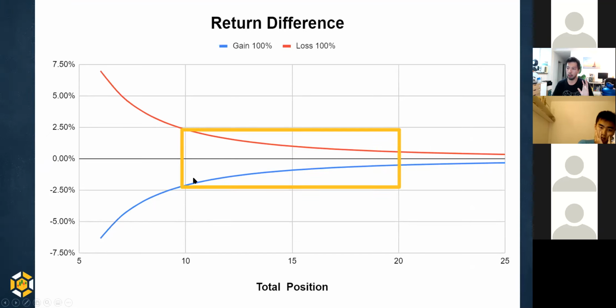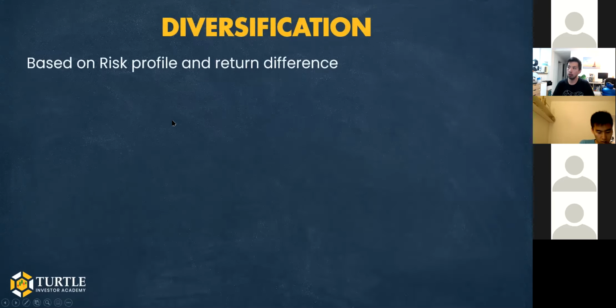So I put the sweet spot around here, which is roughly 10 to 20 stocks, right? And I think everyone needs to remember, the more companies you have in your portfolio, the more work you have to maintain it, right? So you need to think of your effort compared with how much benefit we will get, based on risk and reward as well.